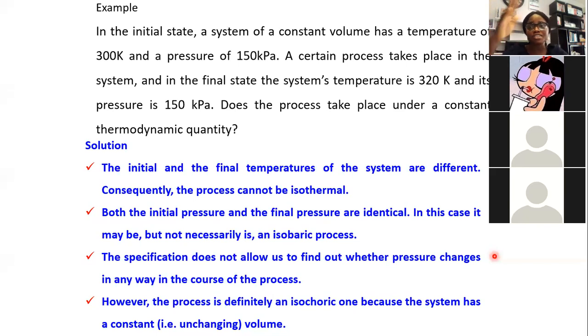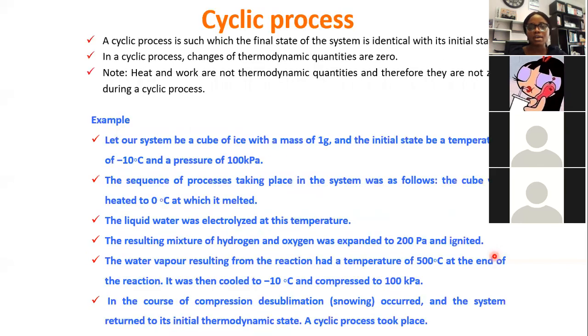The pressure might have changed and then come back to its initial pressure. So we need more information about this reaction to tell if it's an isobaric process or not. The specification does not allow us to find out whether pressure changes in the course of the process. However, the process is definitely an isochoric one because the system has a constant volume.